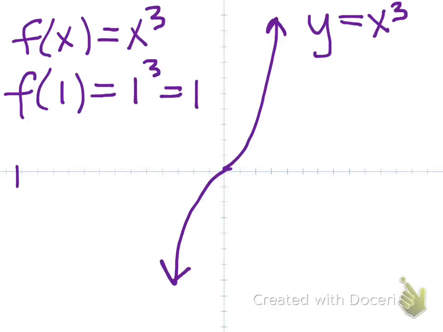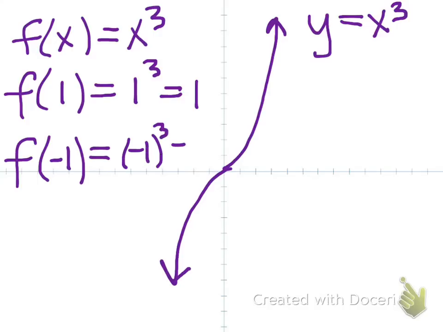If I were to plug in the negative value, negative 1, then I would get negative 1 cubed, and then I would get out negative 1. So, a function is odd if the output value is the same value but the negative of that value.